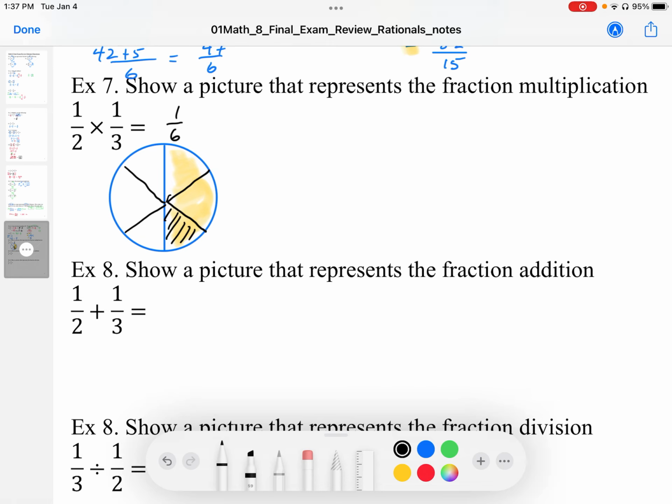The other way is to show multiplication as area. So if I want to show that my answer is 1/6, what I can do is I can take a 1 by 1 square. I know that square has an area of 1. I can take my 1/2 along one axis, and I can take 1/3 along the other axis.